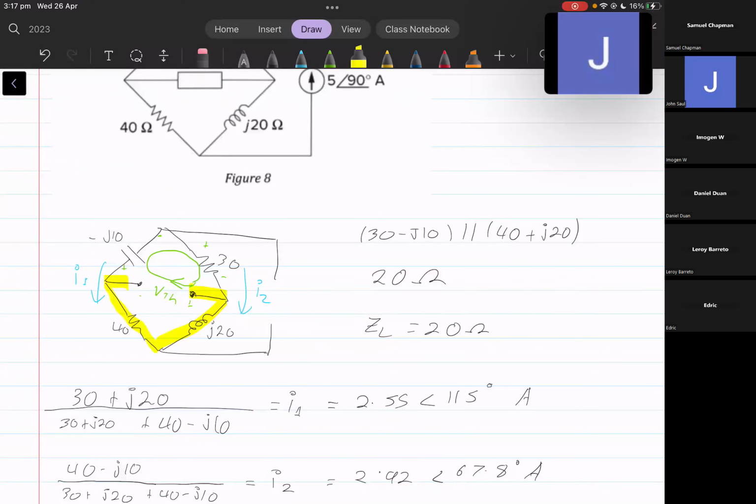So that puts the 30 and minus j10 capacitor in series together to find the Thevenin equivalent resistance.